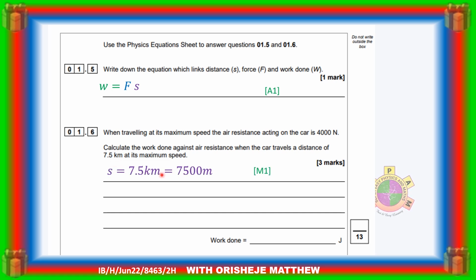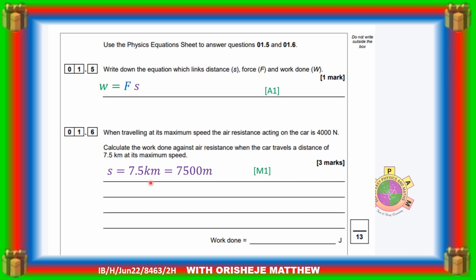How did it become 7,500? Kilometer means 1,000, so that means 7.5 times 1,000. So that gives us this value here. For writing this, you have your 1 mark out of the 3. Even if you can't progress further, at least you get that.